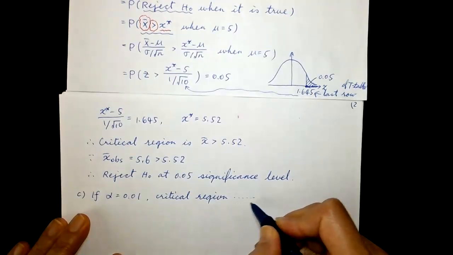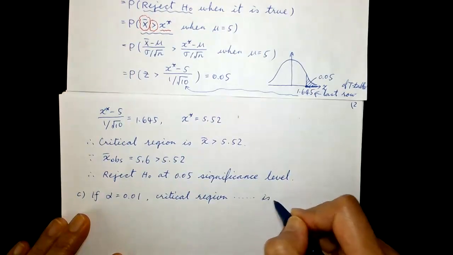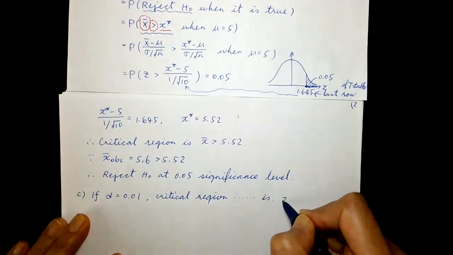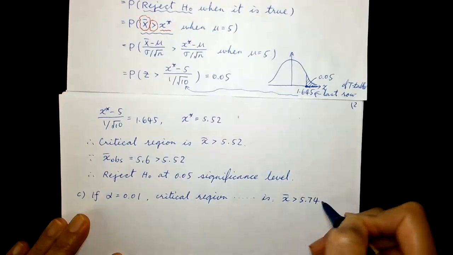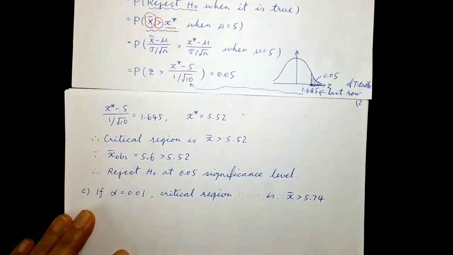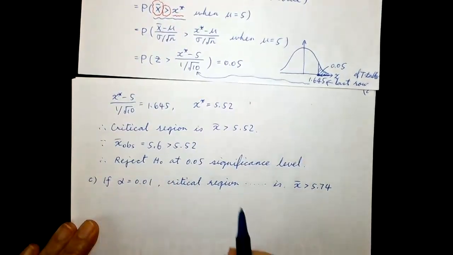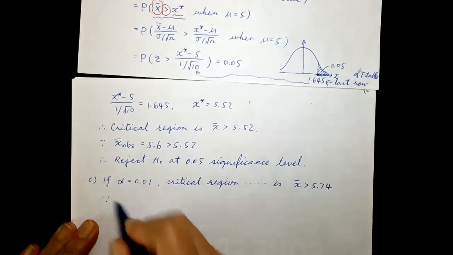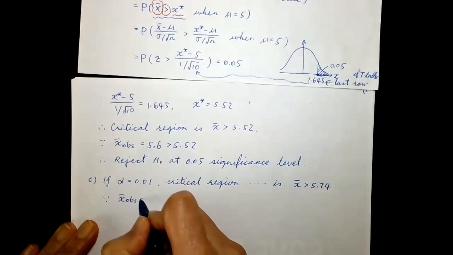Critical region practice of the work. The critical region is found to be X bar greater than 5.74. Okay, I use this critical region to conclude the test.